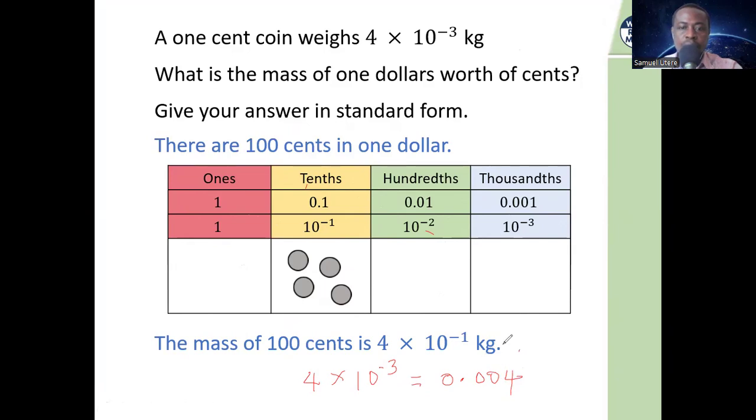Now we need to multiply this by 100. So if we do 0.004 times 100, the 100 that we're multiplying by will improve the place value of this decimal number. So we have 0.4 as our answer, which is the same thing as this.